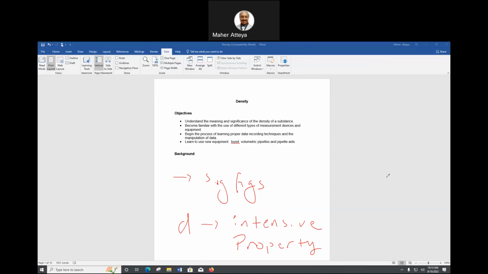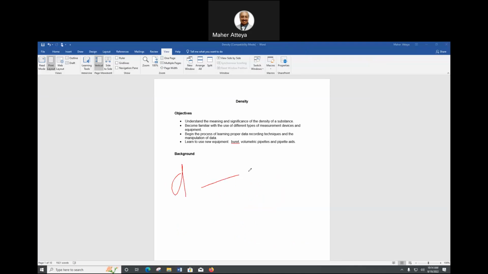So what else do we have to know about density? Although it does not depend on the amount, it does depend on two factors, which are pressure and temperature. If you change the pressure, the density will change.